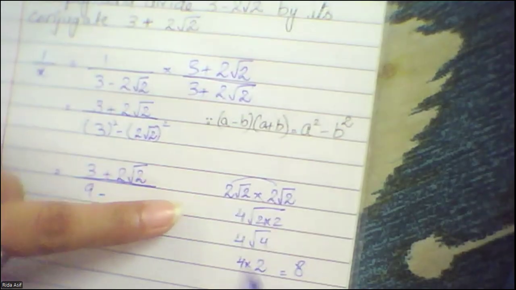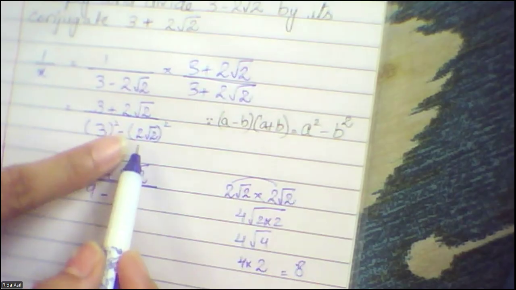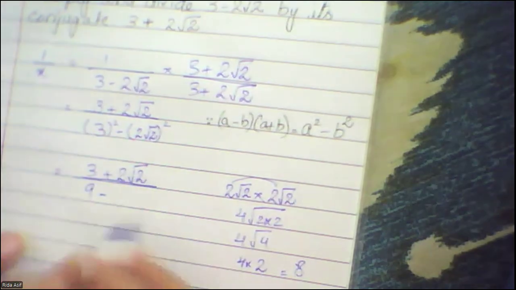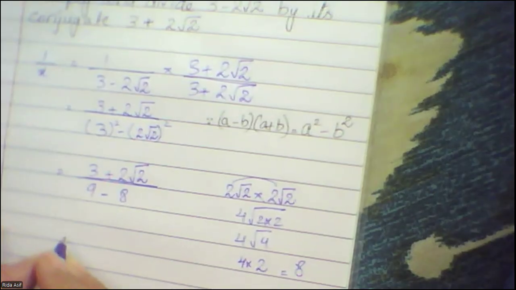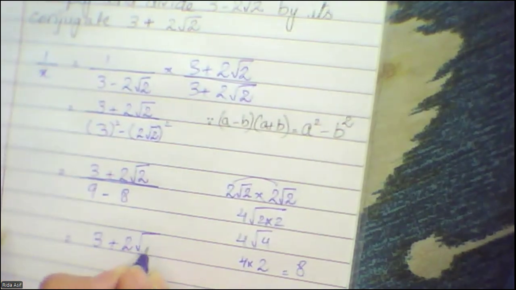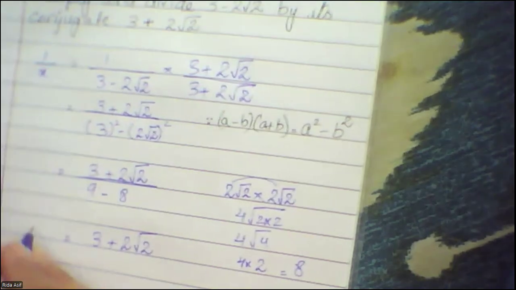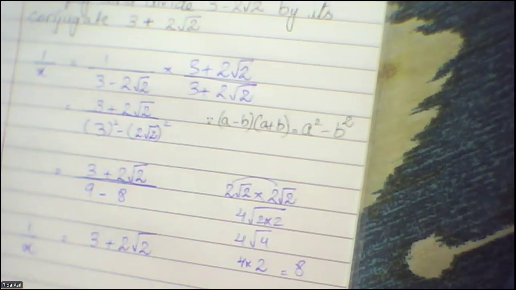In the same way, you can find the square of such kinds of terms, right? So here we get 8, and we know that 9 minus 8 is 1. So simply in the numerator, we get the answer 3 minus 2 root 2. 1 over x is equal to 3 plus 2 root 2.